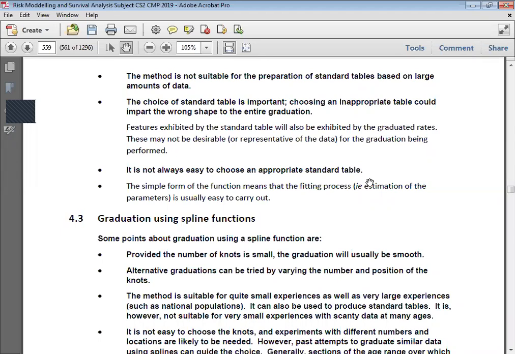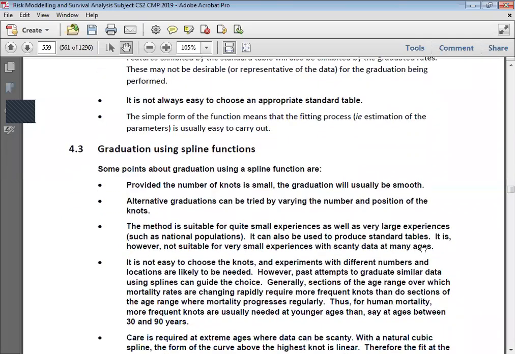So let's say the geography is different. Let's say the sex is different. Maybe the standard table that you have is for females, and the population that you are looking at is for males. Or they have it for combined, and you are looking at only males or only females. Then there is some issue, and you cannot basically decide what standard table to use or whether to use a standard table or not. So ideally, if there is much difference, then you should not use a standard table.